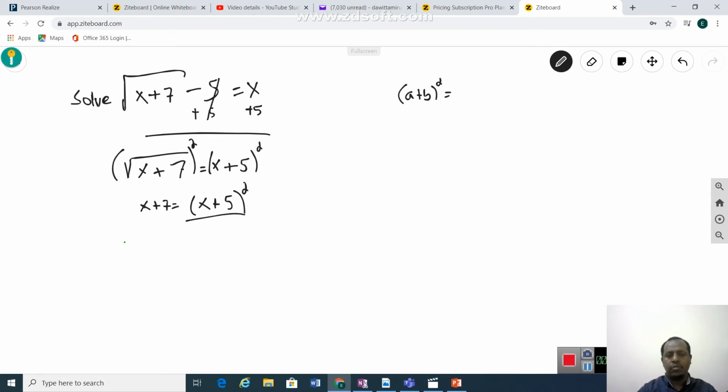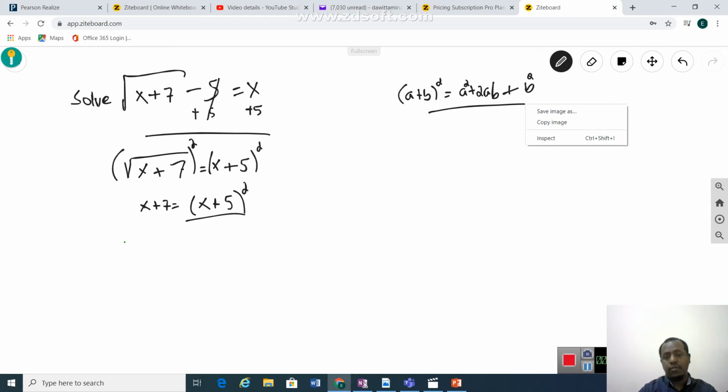So a plus b the whole square is equal to a squared plus 2ab plus b squared. This is a perfect square trinomial. We saw this last quarter. So I can apply this formula to simplify this expression.